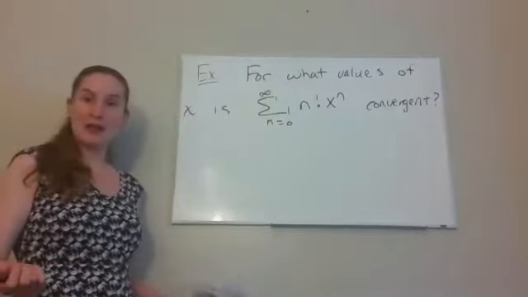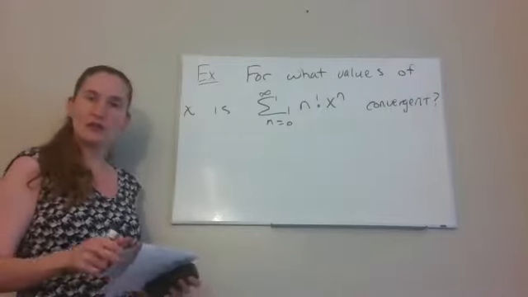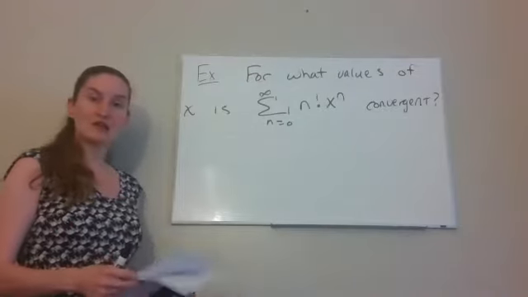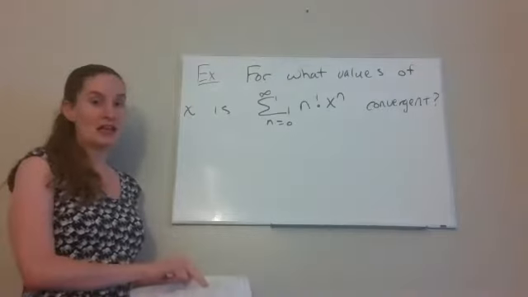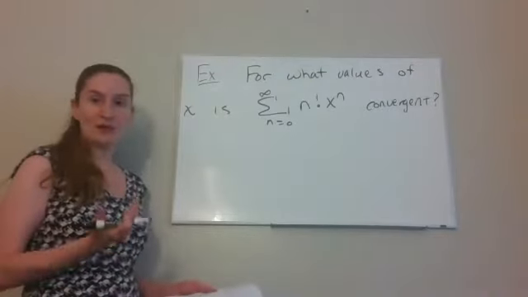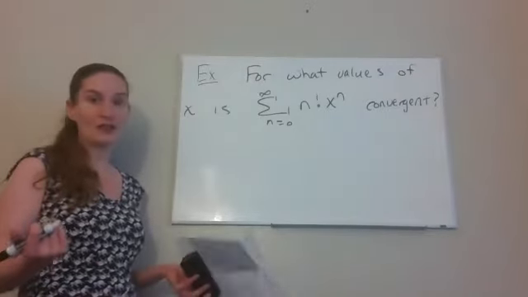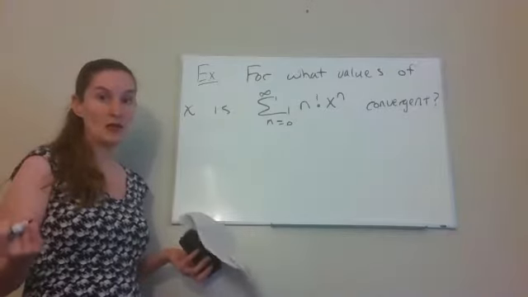And the standard way to figure out where a power series is convergent or divergent is to use our ratio test. Remember, the ratio test says that if you look at the ratio of a_(n+1) to a_n, take a limit, if that happens to be less than 1, well, then you have convergence. And if it's greater than 1, you have divergence. Equal to 1, we don't know.